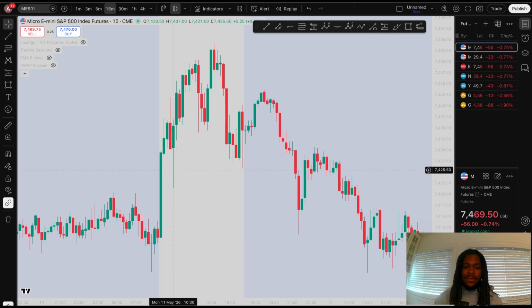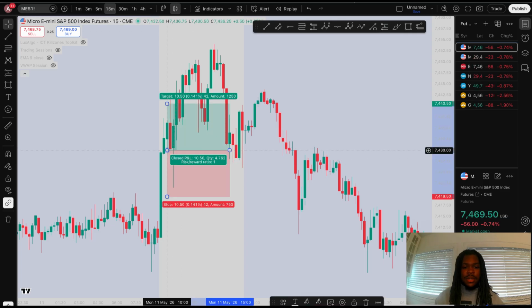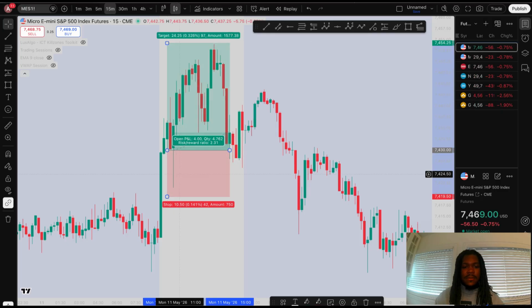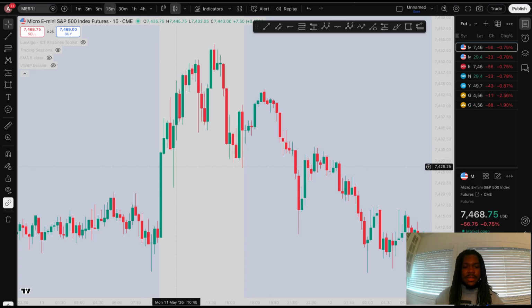But if you waited for the candle to close and tell you the story based off the body, then you could have taken this trade and made a decent profit. Remember, wicks tell you what could have happened. The closure and body of the candle tell you the story, what the candle actually wants to do.